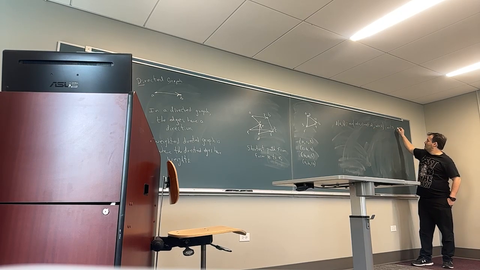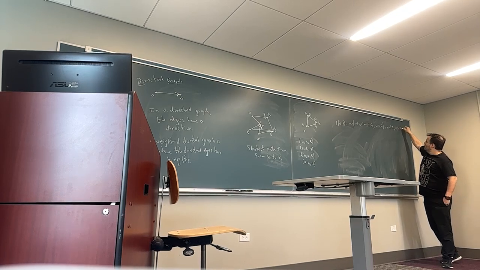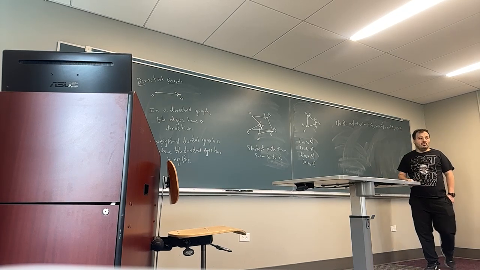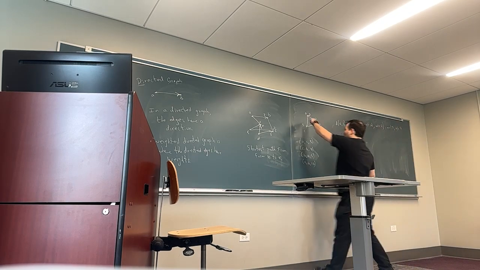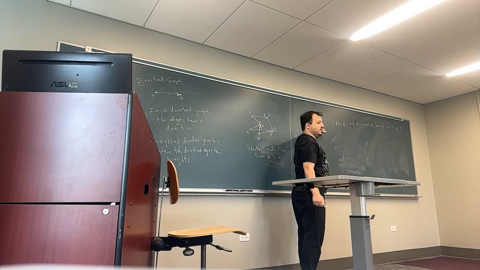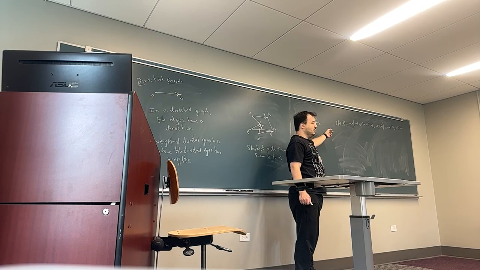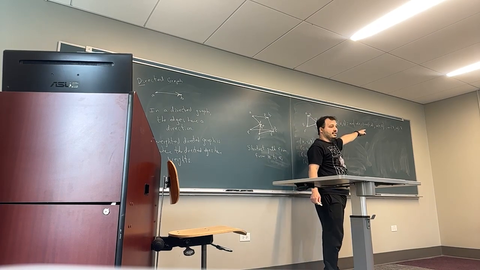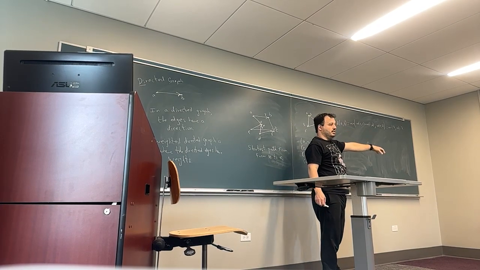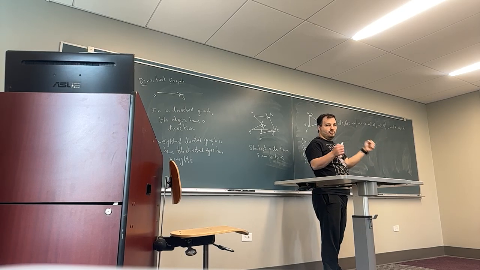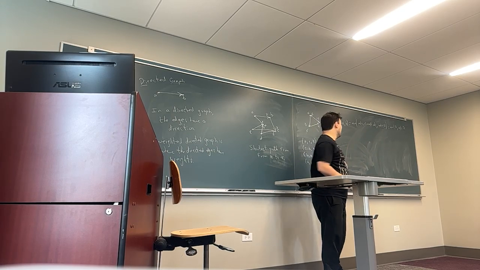If you do that path, the cost is 10. So the best way to go from A to B in terms of cost would be go to C and then go to B. So you have 3 plus 4, it's less than 10. So the distance from A to B is that 7. The distance is defined as the shortest path from one vertex to another.